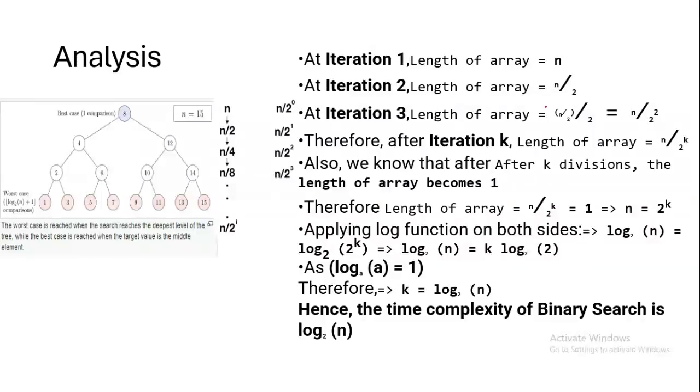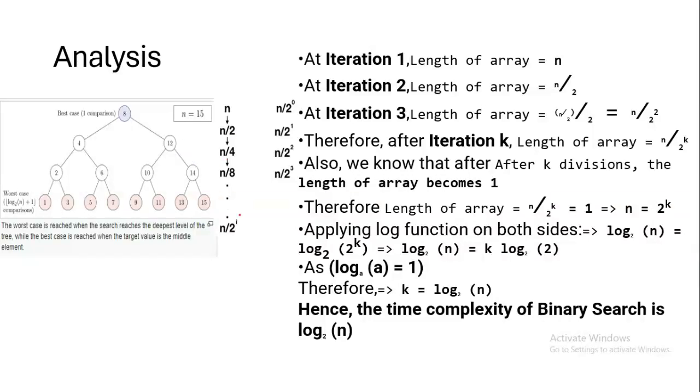In the next iteration, the size of the array reduces to half of the previous size. So the new size for the third iteration will be n divided by 4, that is n upon 2 raised to 2.